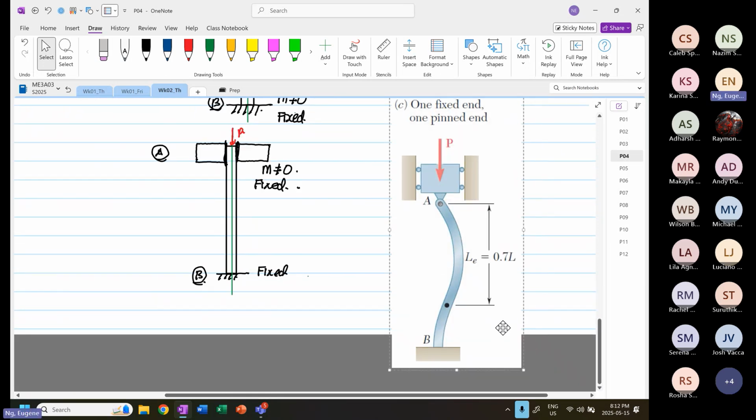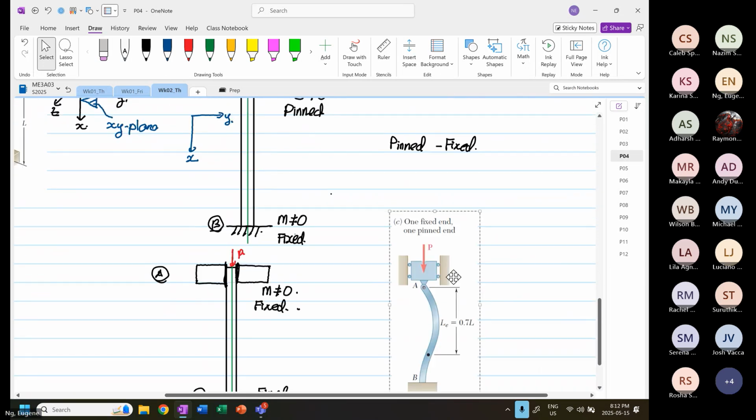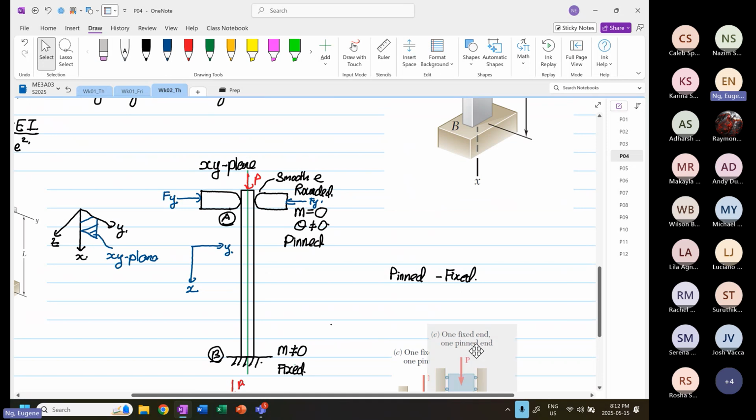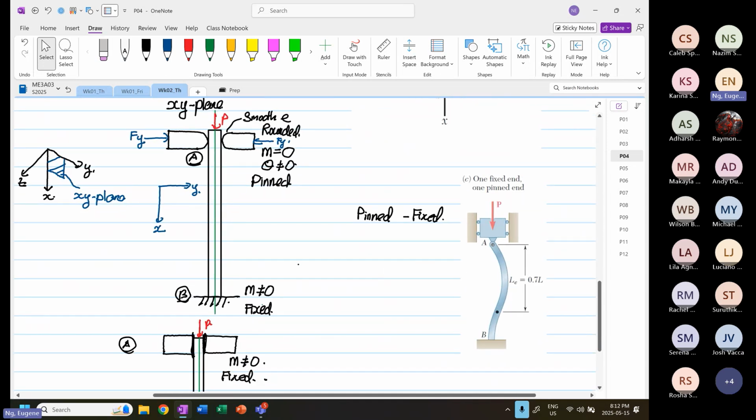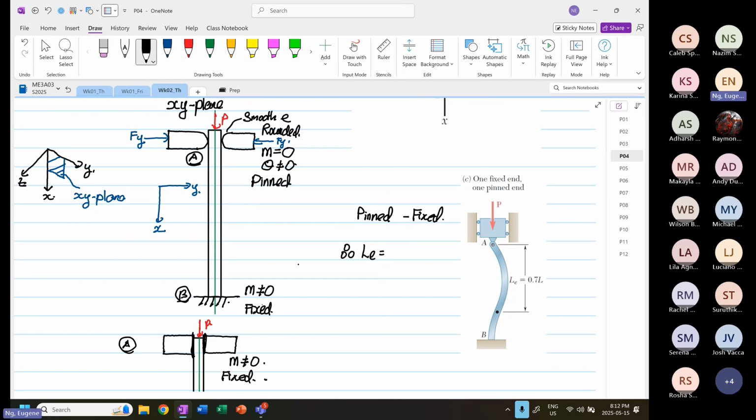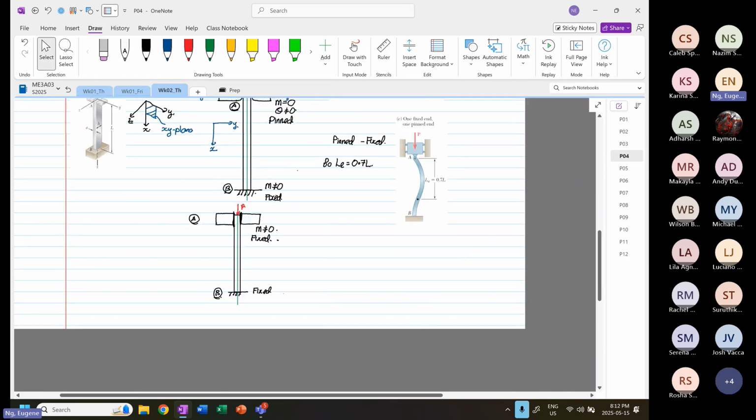This is exactly what is going on, for the condition that we have, one end pin and one end fixed. So therefore, LE is equal to 0.7 L. So now we calculate our equivalent length.